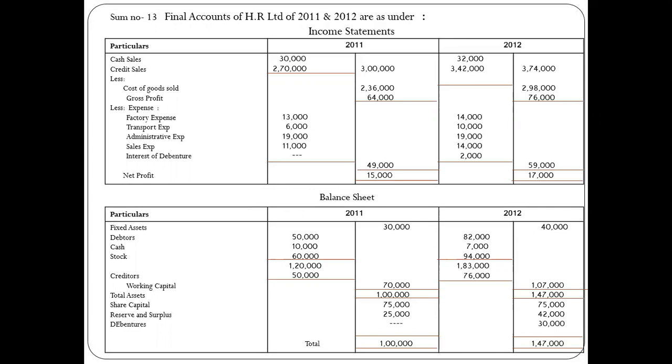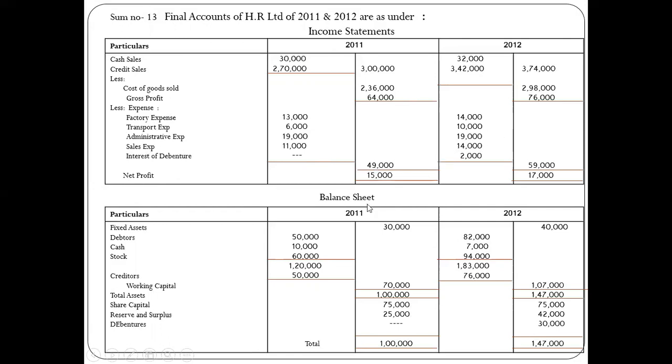Then we get the gross profit, less expenses, which are factory expenses, transport expenses, administrative expenses, sales expenses, and interest on debenture. When we deduct these expenses from the gross profit, we get the net profit. So here we have all the information of 2011 as well as 2012.